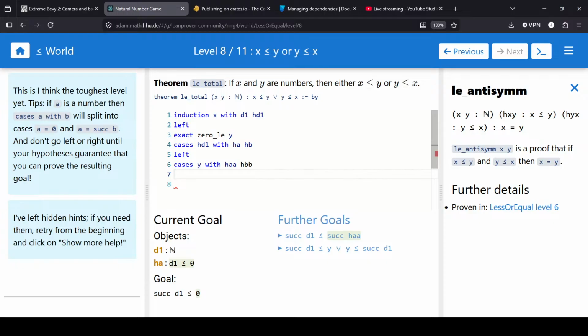Give them more funny names. This is the hardest level of the natural number game? Okay. Alright, so this is basically like graduation.